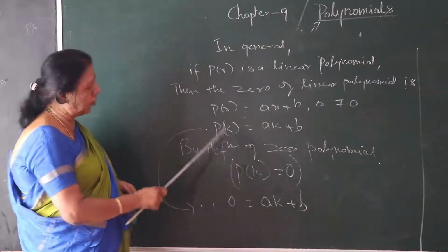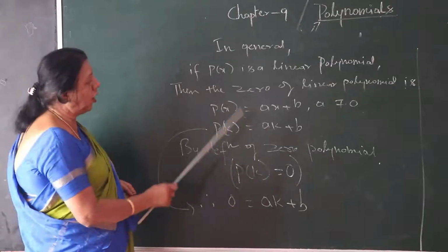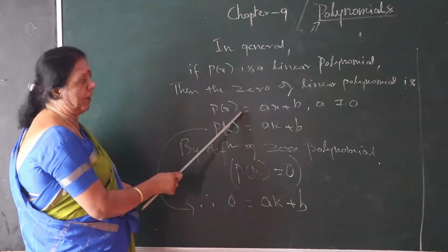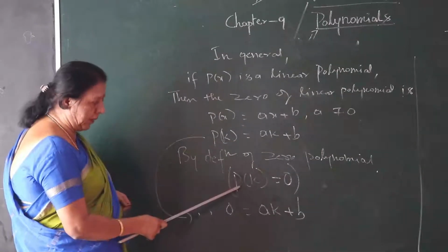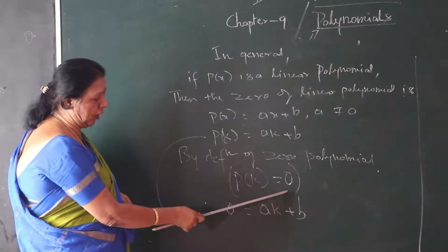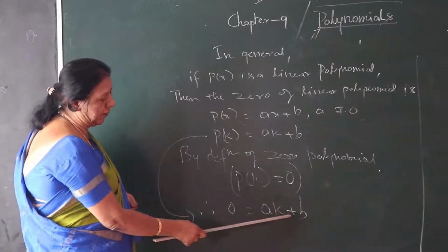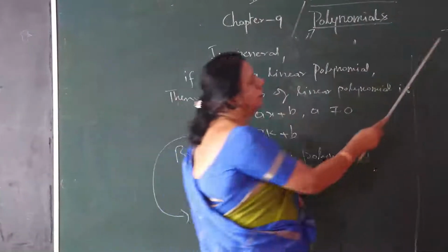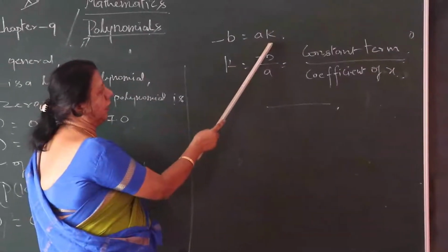For our children, this step, what I am telling? Okay. So this is a linear polynomial, but p of k is equal to 0. This is 0, LHS is equal to ak plus b. Here, taking b to the left hand side, it becomes minus b is equal to ak.